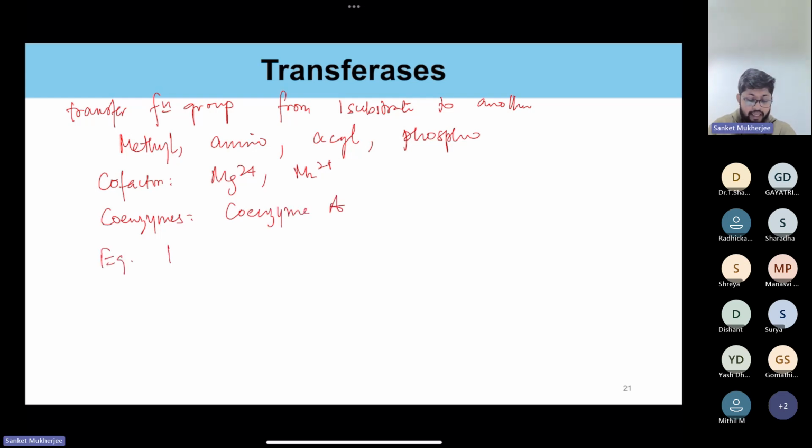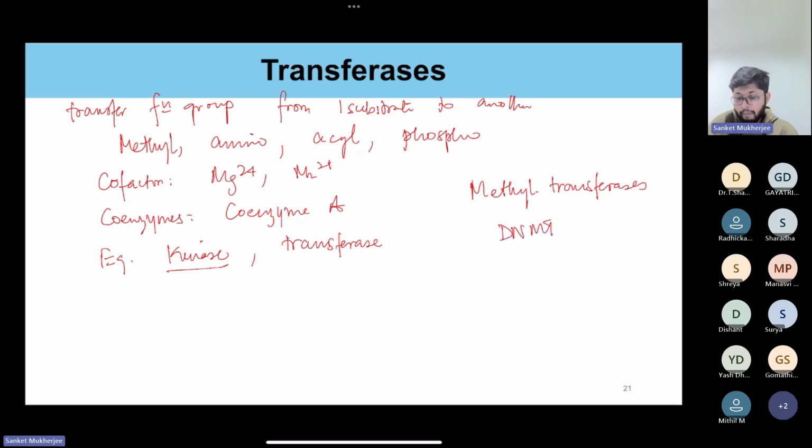For example, kinases add a phospho group, and then there are other kinds of transferases. For example, methyl groups are transferred using methyl transferases. And DNMTs are basically there. DNA methyl transferases are important to add methyl groups to DNA, which is very important for epigenetic regulation. All these enzymes can basically modify protein, DNA, lipids, carbohydrates, all these kinds of things.